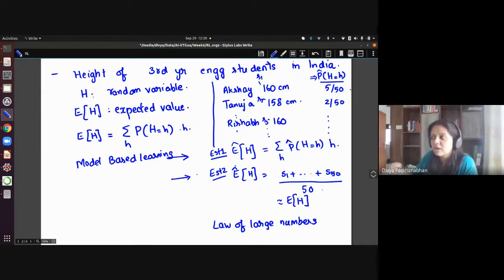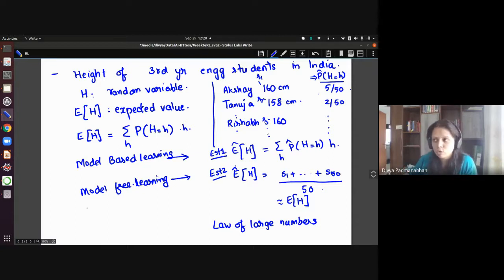So you're not actually learning these probabilities beforehand. This is called model free learning, and this is a slightly more useful concept, because it avoids the hassle of doing several things. You're getting finally the same estimate, but with simpler operations.